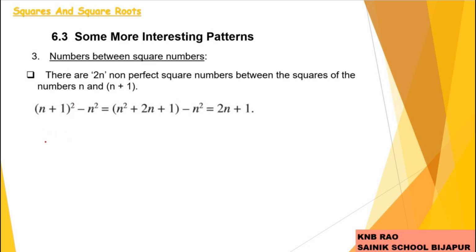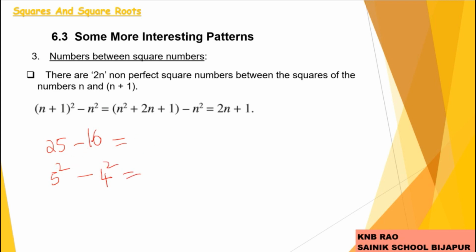You know that 25 minus 16. Two successive or two continuous perfect squares. Here 25 is the square of 5 and 16 is the square of 4.